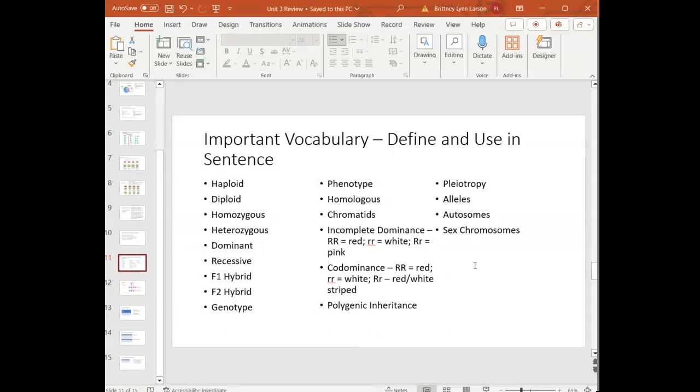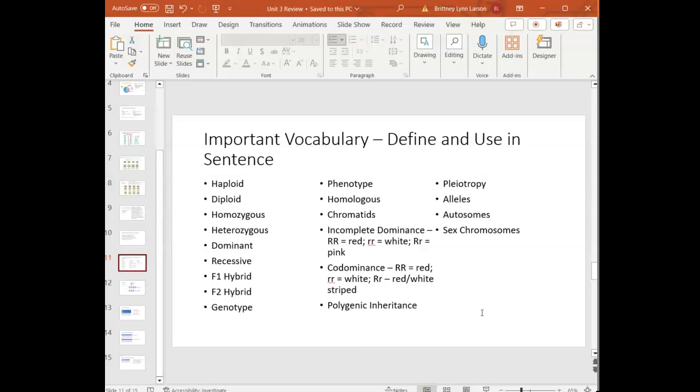Important vocab. I pulled these directly from the vocab list. Now, should you know some other ones that I used in sentences? Absolutely. Things like recombinant, zygote, and obviously sister chromatids and non-sister chromatids. But if I were to pull the most important vocab, this is absolutely it.